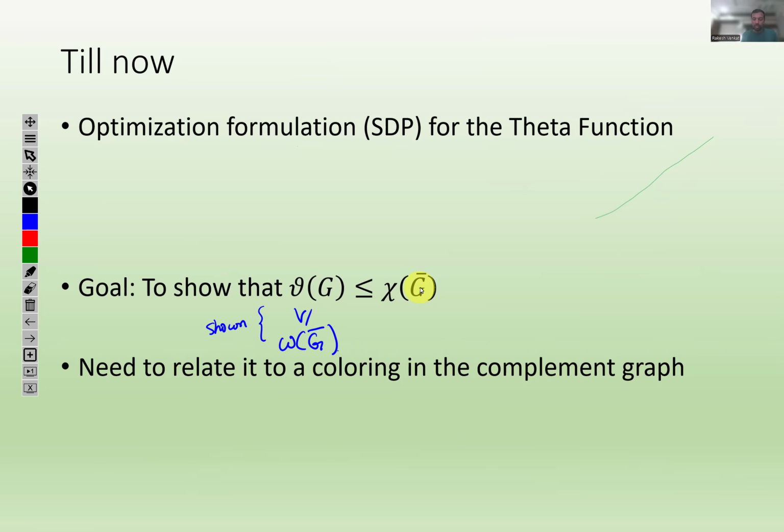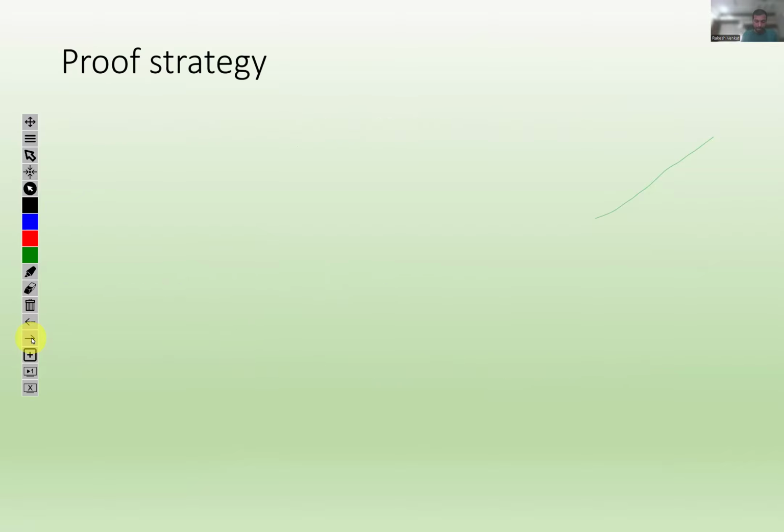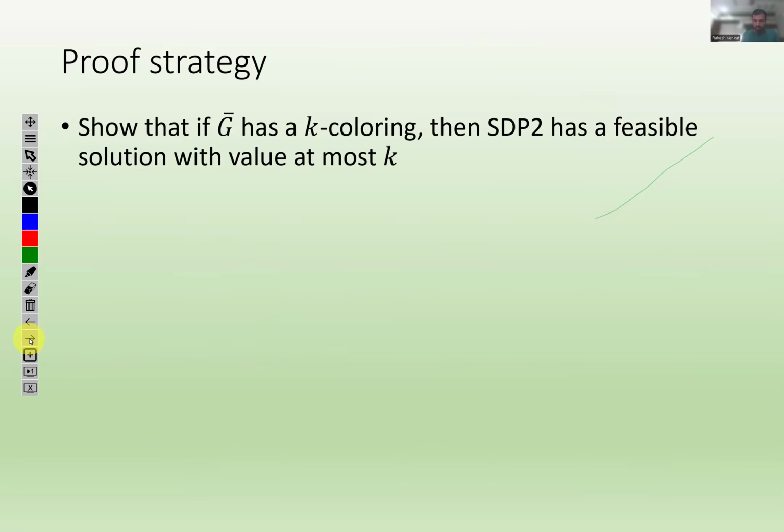And that's how we'll be showing that theta of G is less than or equal to chi of G bar. This is what we want to show.